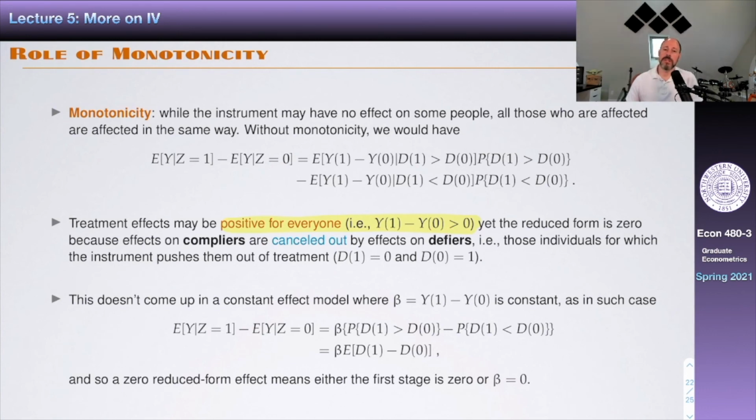Could be zero, could be positive, but there's no guarantee that the IV is even going to get it right. And having weights that are not between 0 and 1, when you have parameters that are a weighted average of treatment effects here minus an average of treatment effects there, makes interpretation complicated. So in order to have a clean interpretation of IV, you need to assume that this second term is not there.